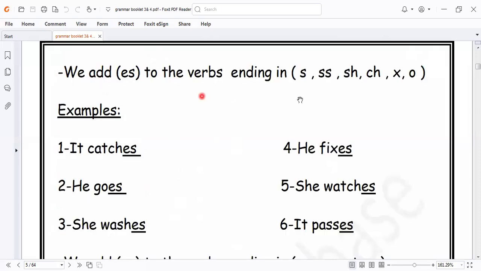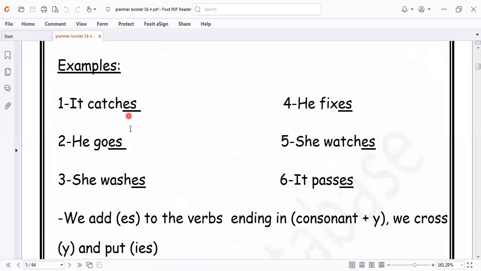We have some verbs ending in s, ss, ch, sh, x, and o. What do we do when we see these letters at the end of the verb? We add es, like catches, goes, washes, passes, watches, fixes.